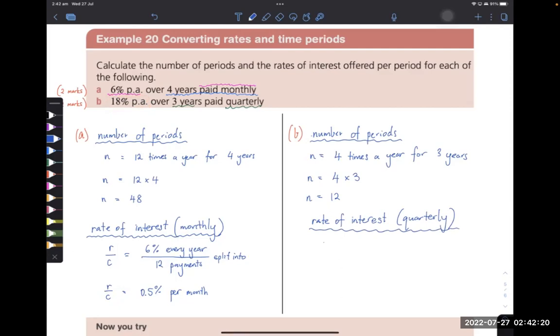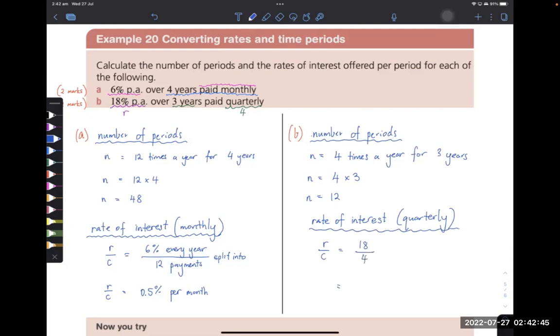We follow the equation, R divided by C. Our R, or our rate, I'll just choose a different color here, is 18%. And this idea of quarterly here means 4, right? So what we're going to do is we're going to go 18 divided by 4.